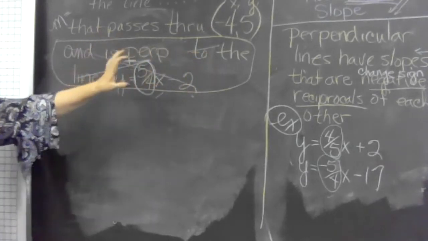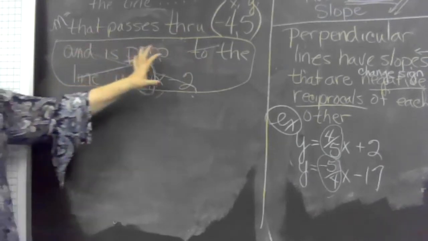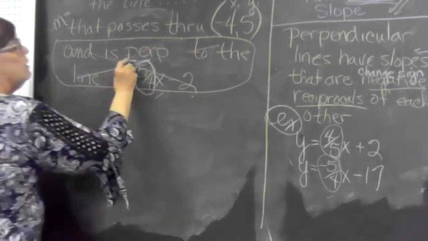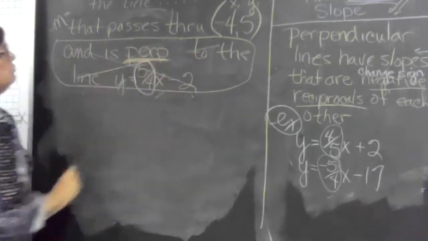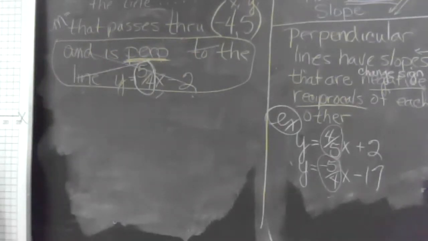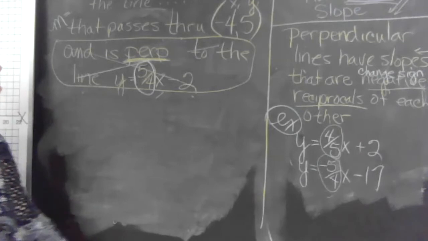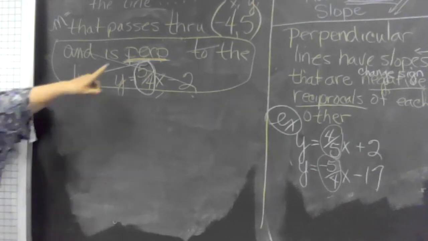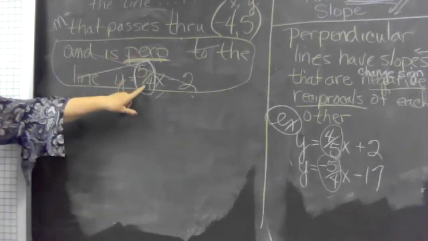Right, Irene? All I'm going to need from here is the slope. So look, it says a perpendicular slope. So what slope am I going to use now in my equation? I need the perpendicular to this slope.